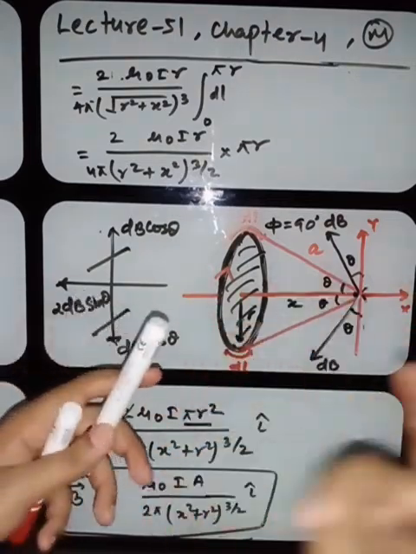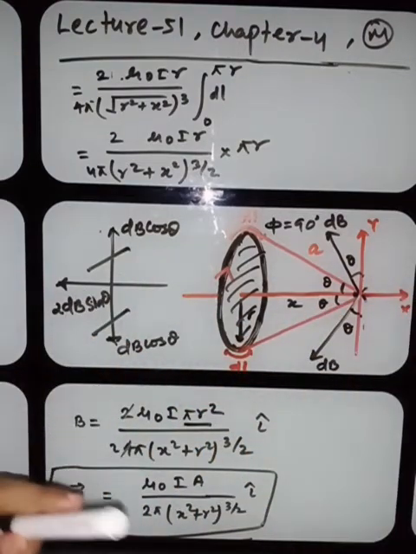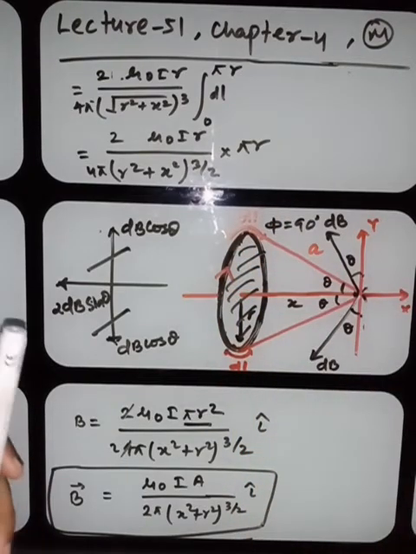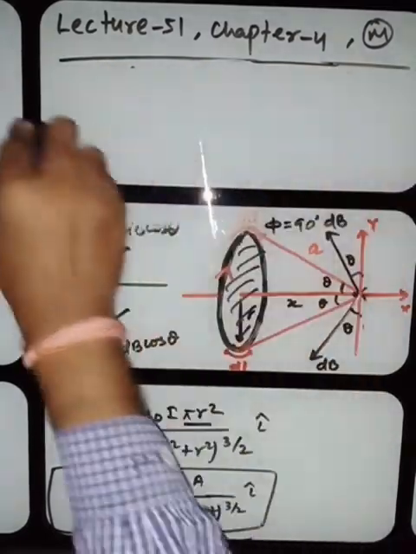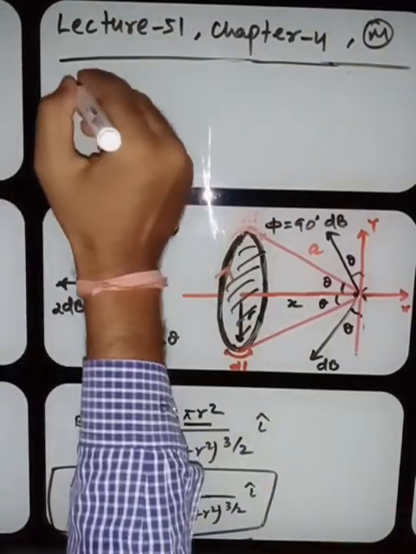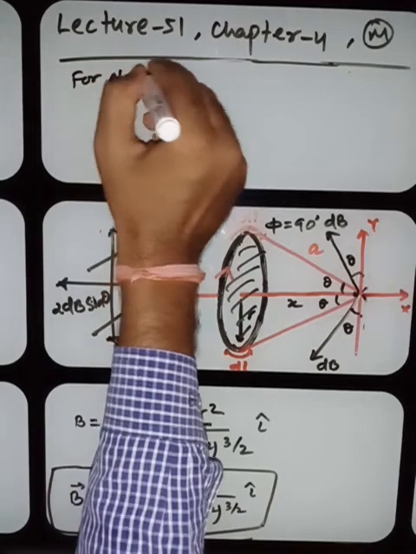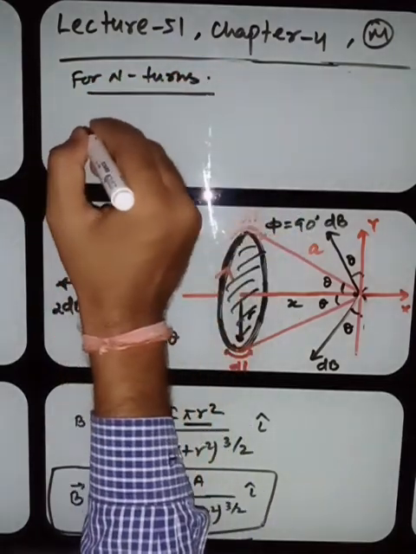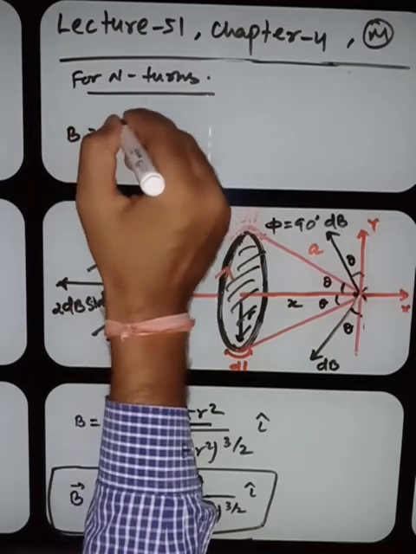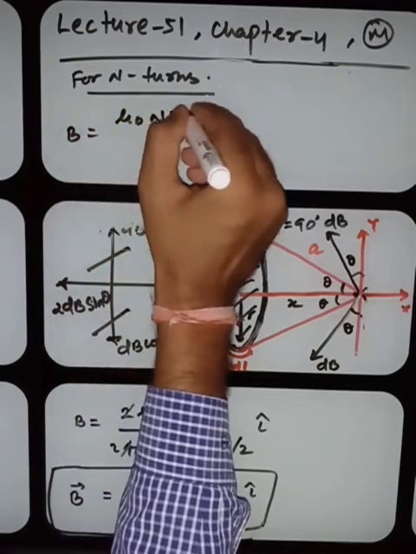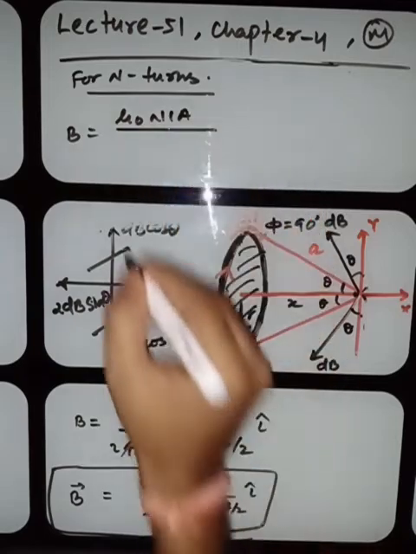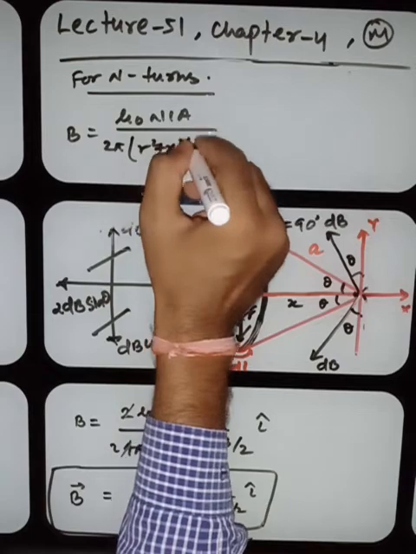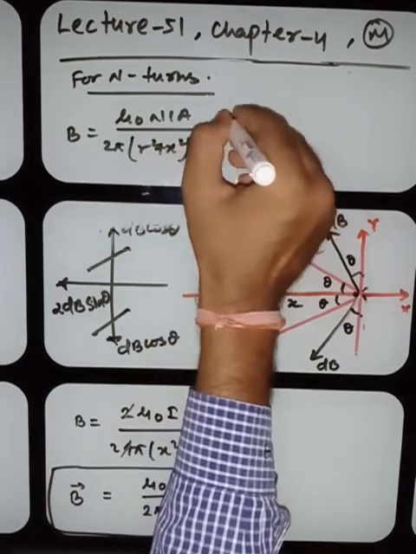It will be n times B. So if n turns are given to the circular coil, then the magnetic field will be B equals mu naught N I a divided by 2 pi, r square plus x square to the power 3 by 2, I cap.